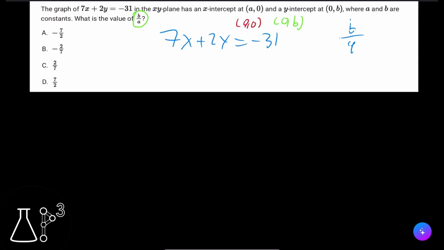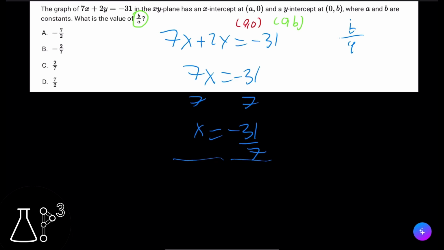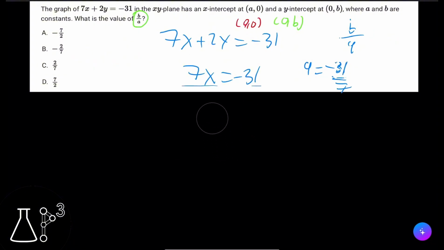So let me look for my x-intercept first. If I plug in 0 for y, I'm going to get 7x equals negative 31. If I divide by 7 on both sides, I get x equals negative 31 divided by 7. Therefore, a equals negative 31 divided by 7. Now I want to look for my y value, or b.